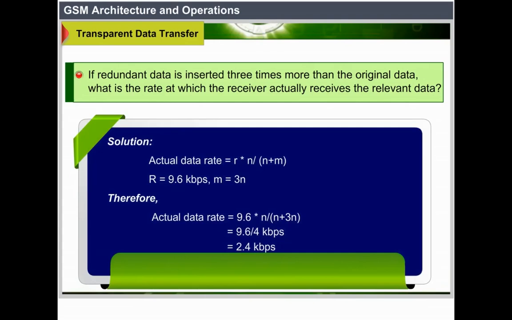Solution: actual data rate is equal to R times N by N plus M. R equals 9.6 Kbps, M equals 3N. Therefore, actual data rate equals 9.6 times N by N plus 3N, which is 9.6 by 4 Kbps, that is equal to 2.4 Kbps.